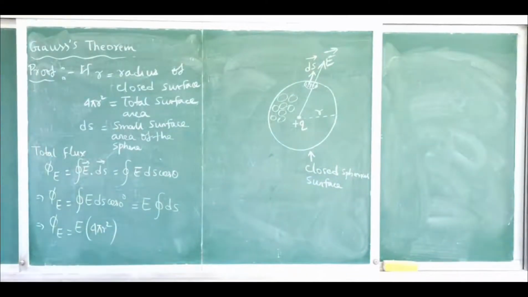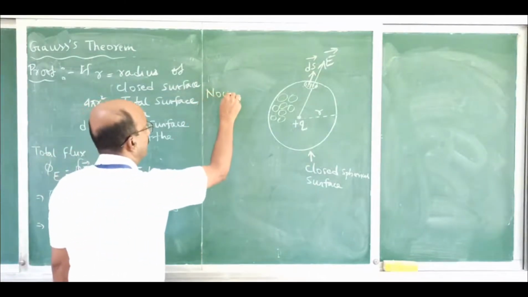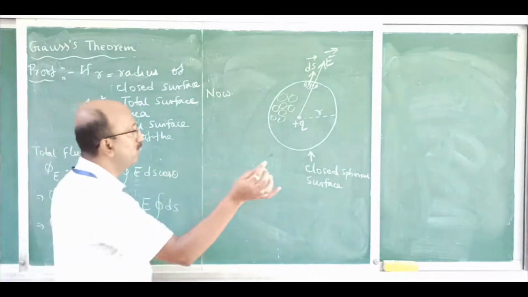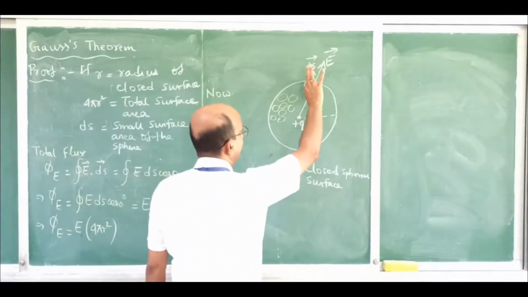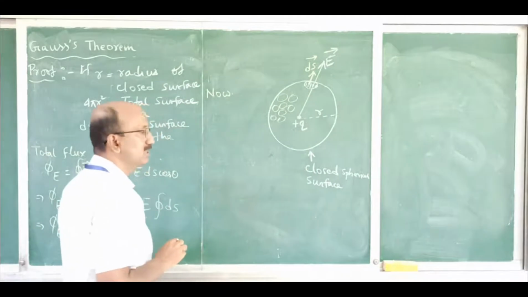Now E stands for the electric field. What is the value of electric field associated with this surface? This small surface ds lies at a distance r from the charge q.